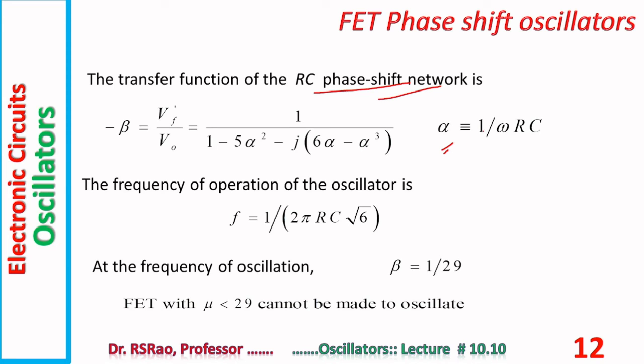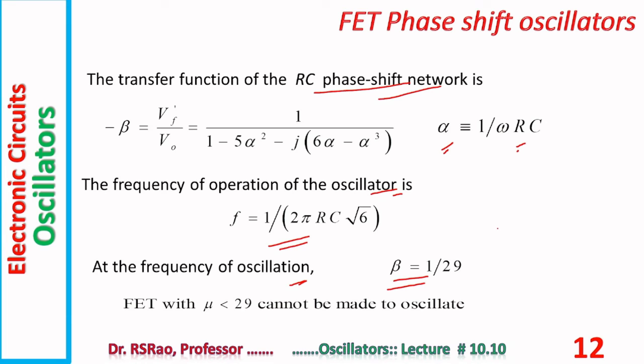Here alpha is 1 by omega RC. The frequency of operation of this oscillator can be found as 1 over 2 pi RC root 6. At this frequency of oscillation, beta is 1 by 29.